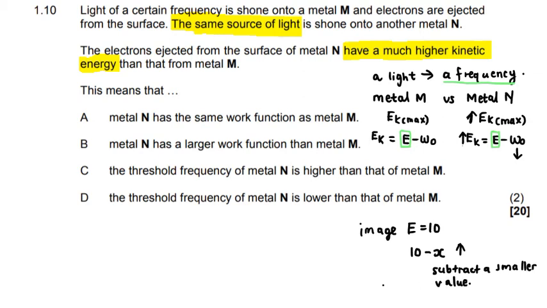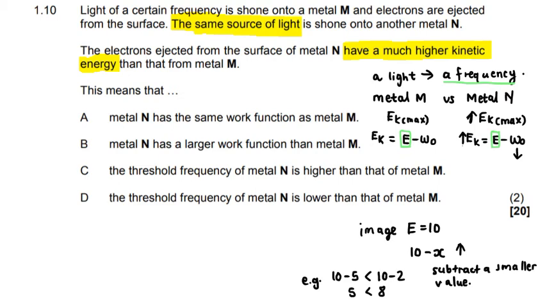So for example, 10 minus 5 is going to be less than 10 minus 2, because 10 minus 5 is 5 and 10 minus 2 is 8. Does that make sense to you? Perfect. I hope it does.